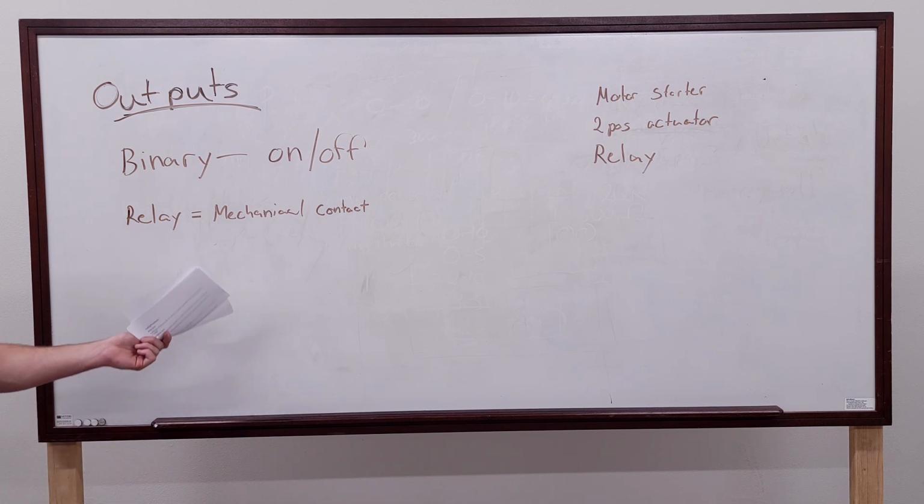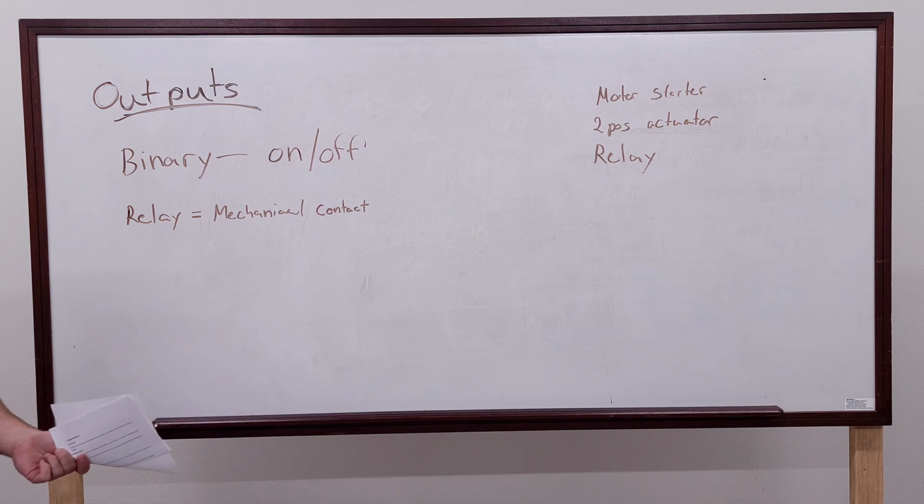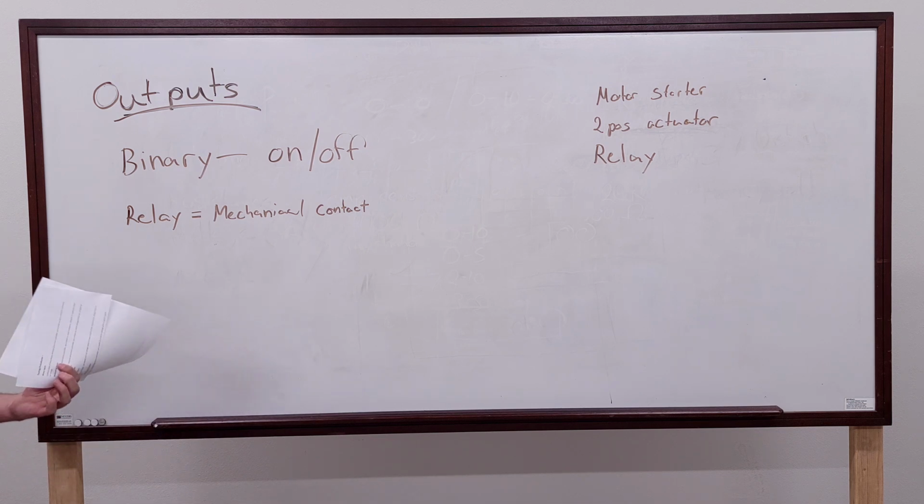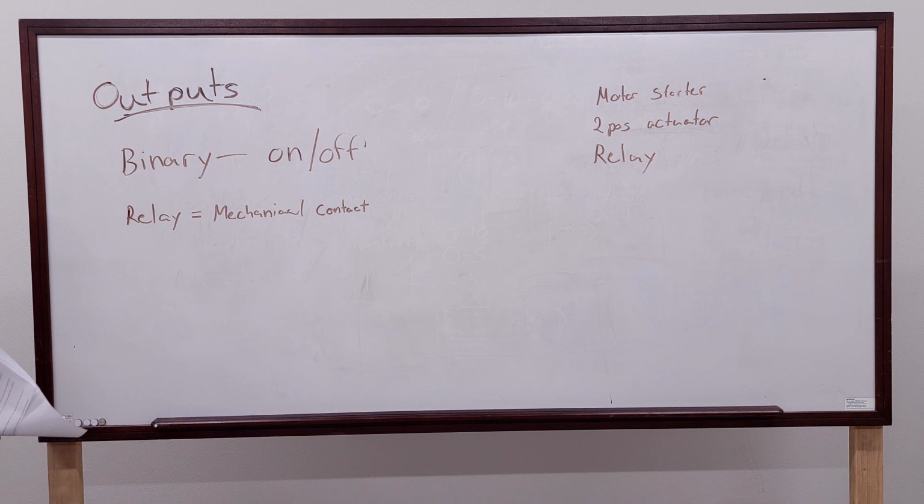A relay will isolate that controller and prevent the controller from burning up. Our other type of binary output is called a Triac. That Triac is a solid state relay. It will burn the controller up if it gets voltage on it. End of story. It will toast it. So you go from having a $15, $20 contactor fail on you to having a $400 controller.